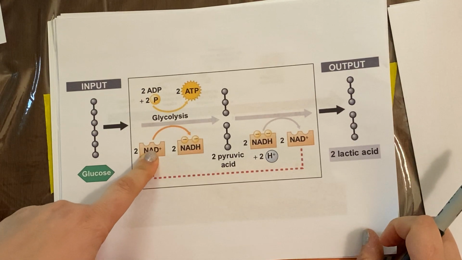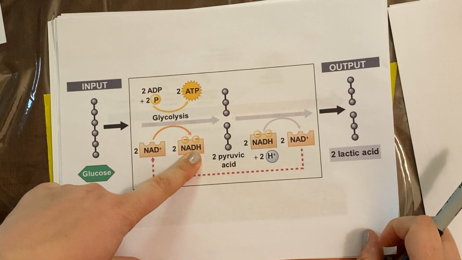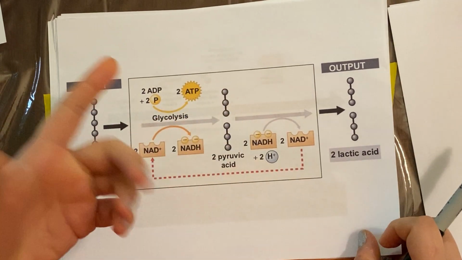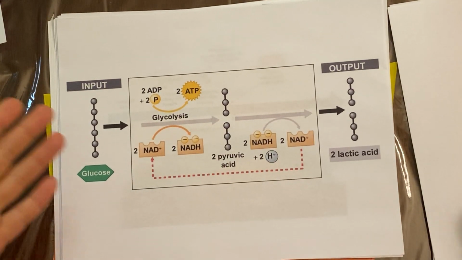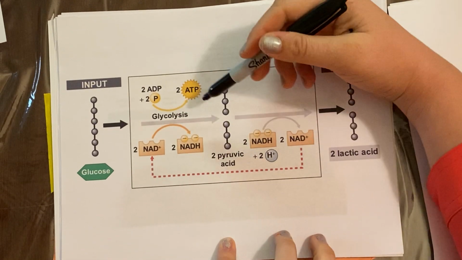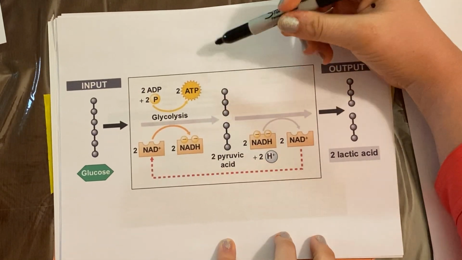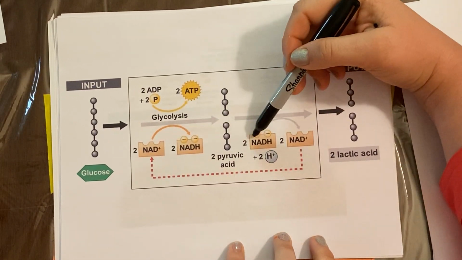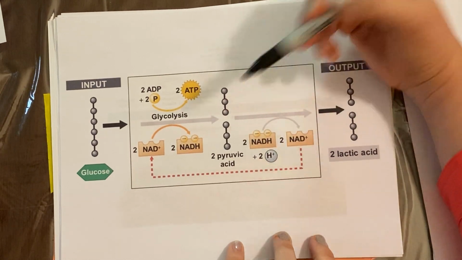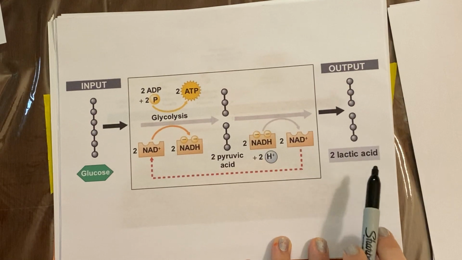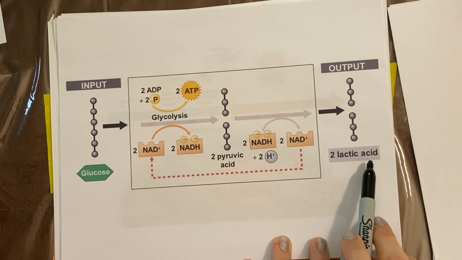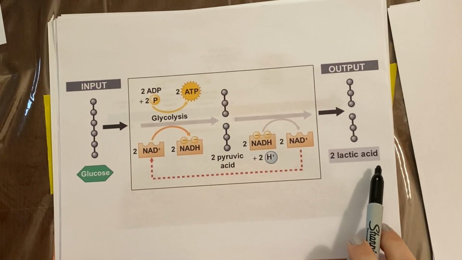We have a little NAD+, and NADH is formed. The NADH has nowhere to go because it can't go to the electron transport chain if there's no oxygen, so it just sticks around, and there's a bunch of pyruvic acid around. So it instead takes its electrons, adds them to pyruvic acid, and turns it into lactic acid. This lactic acid can feel like a burn in your muscles.